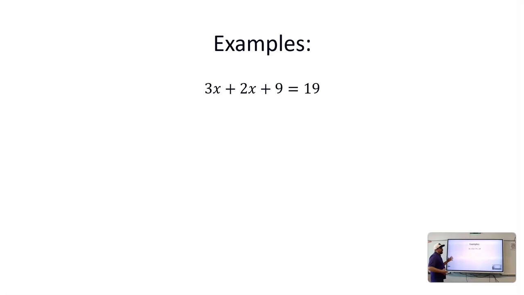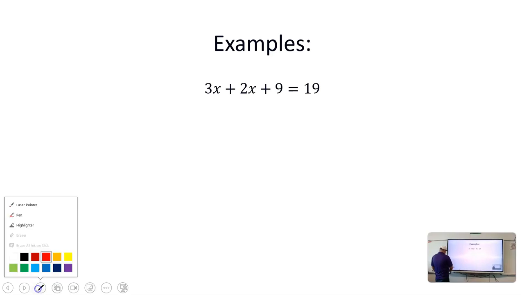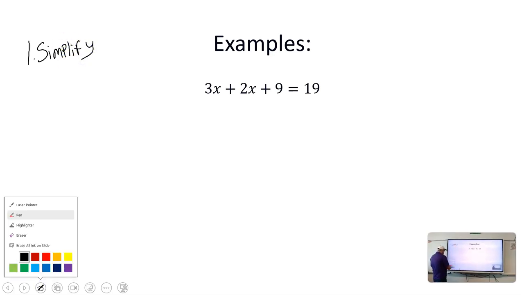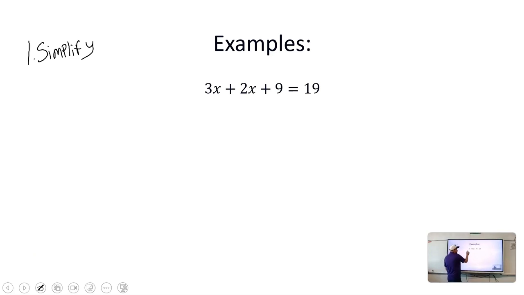So remember, the first thing we want to do is we always want to make sure we can simplify. So first we're going to take a look at the left side of my equation right here. Is there anything there that can be simplified? Is there anything that can be distributed?